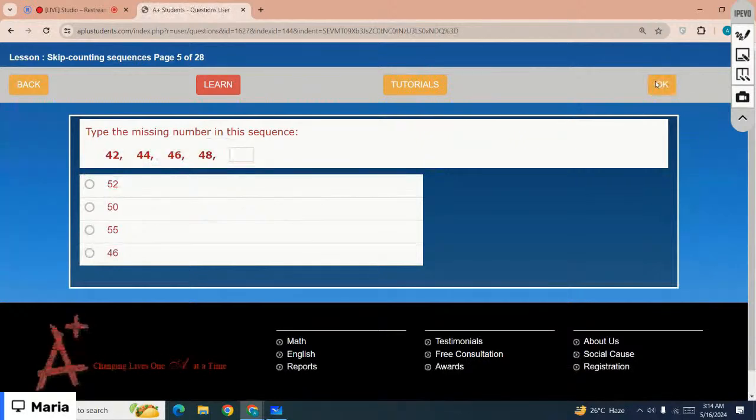Type the missing number in the sequence. So, which number is missing? The correct option is 50.